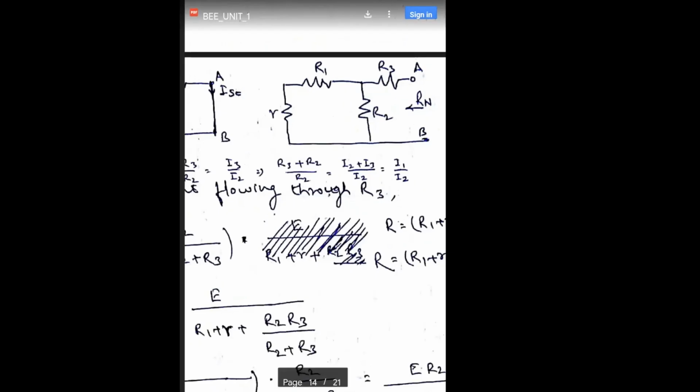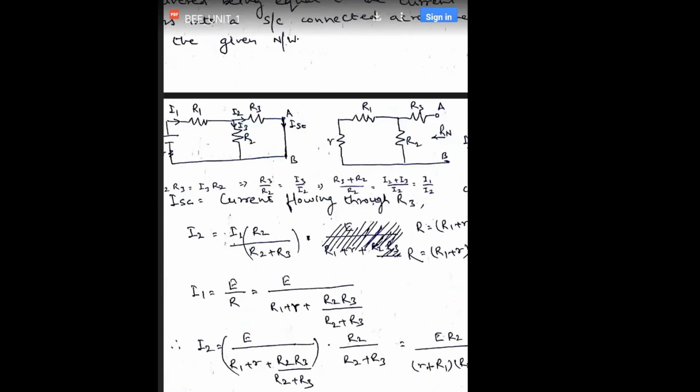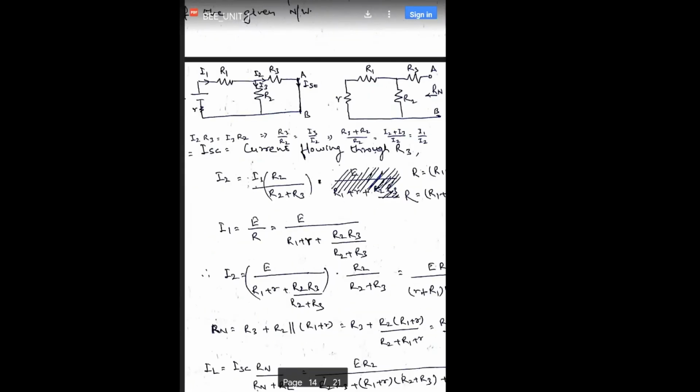So I2 plus I3 is replaced by I1 according to the needs of the KCL. Okay, so now this I2 becomes I1 R2 upon R2 plus R3. Okay, so now the effective resistance is to be calculated.